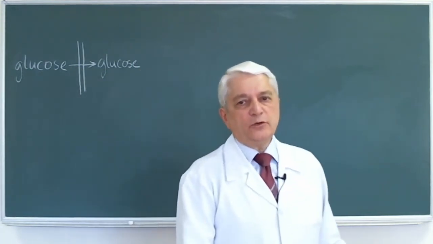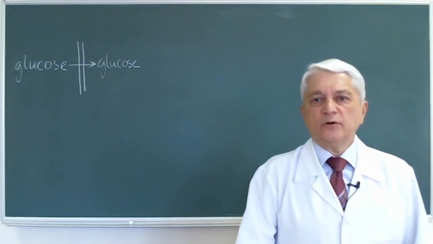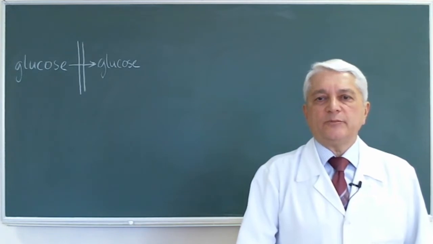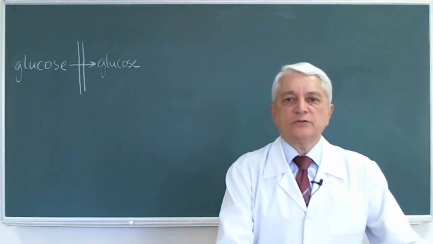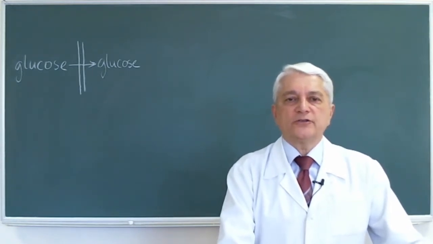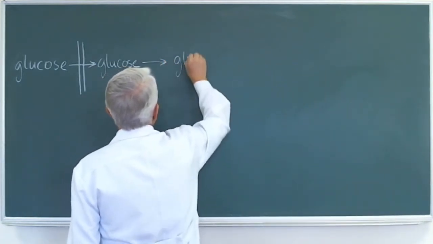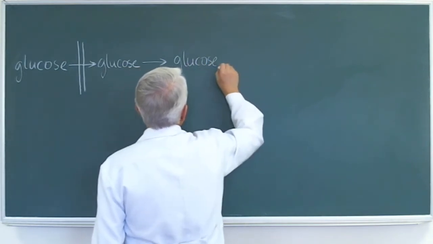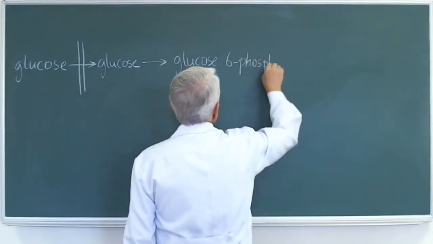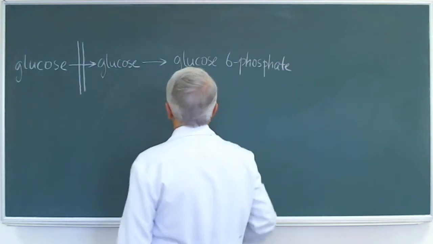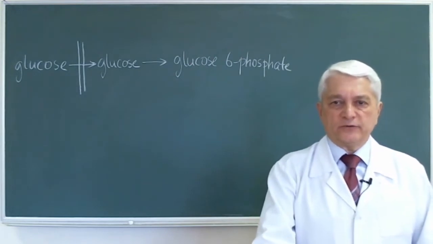But you know very well that glucose can be transformed only after the appearance of glucose 6-phosphate. So the first very important regulative reaction is transformation of glucose to glucose 6-phosphate. Let's show this. Glucose 6-phosphate. And we have two very important enzymes for this reaction.